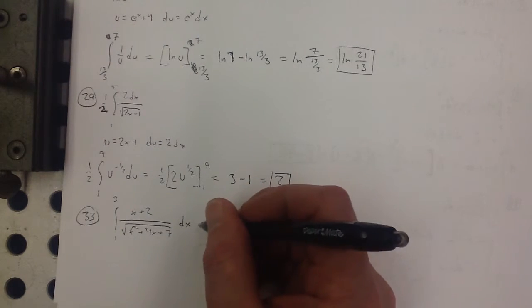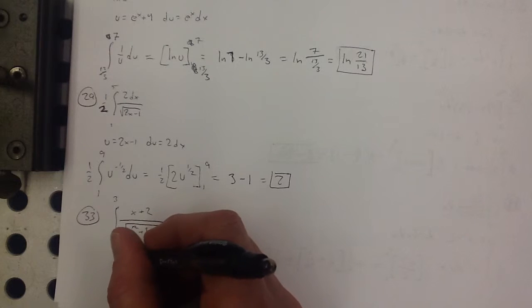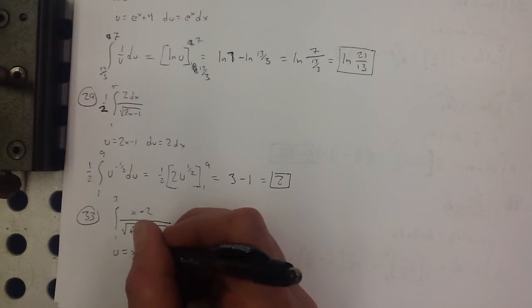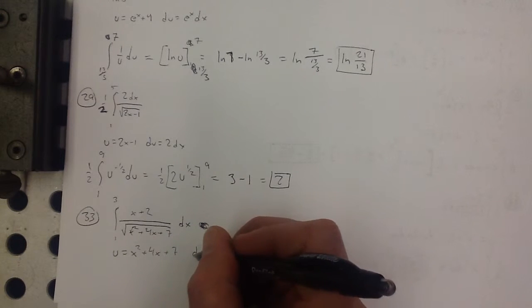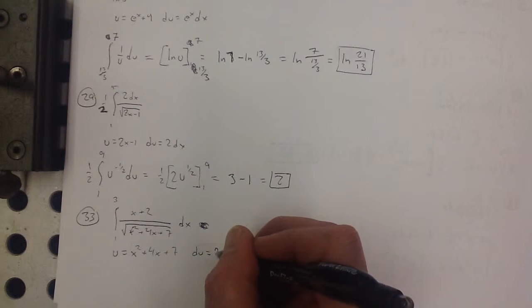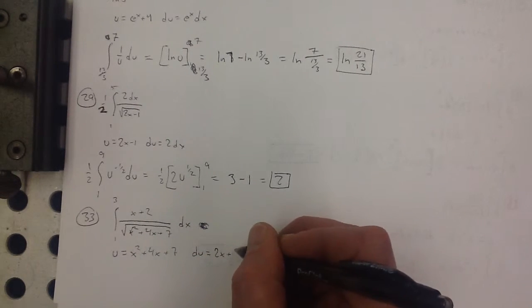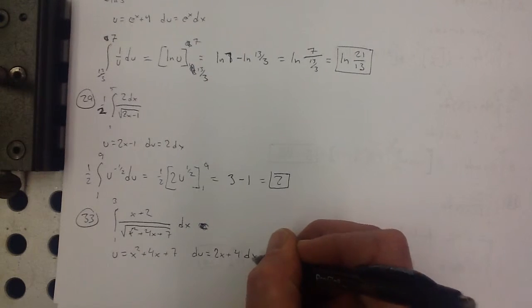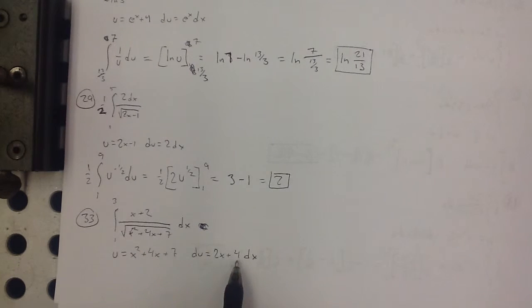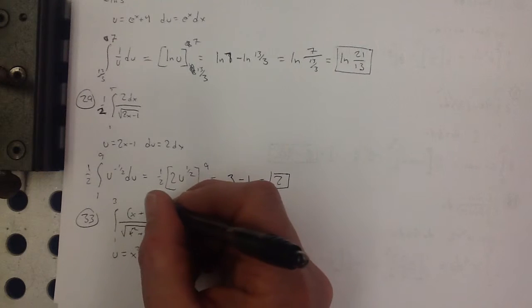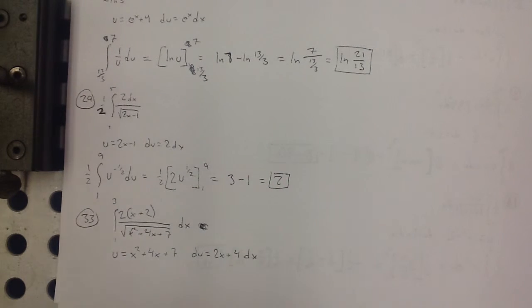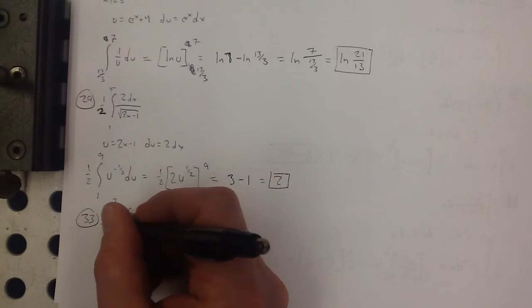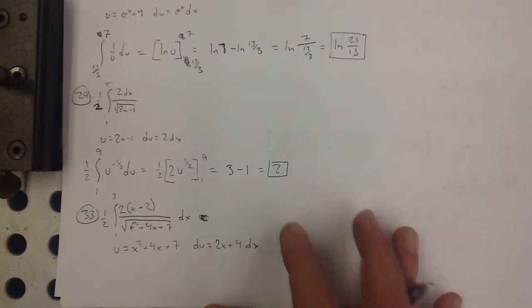So let's let u equal this thing inside the square root sign. And du would be 2x plus 4 dx. And I can get this to be 2x plus 4 if I multiply by 2, right? And I multiply by 1/2 on the outside.